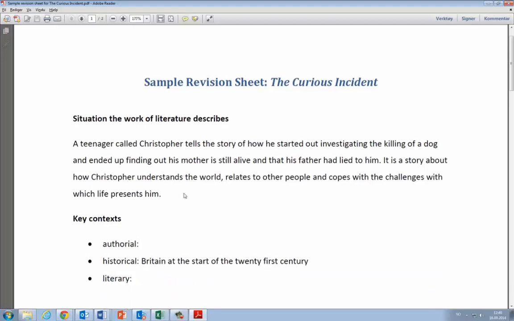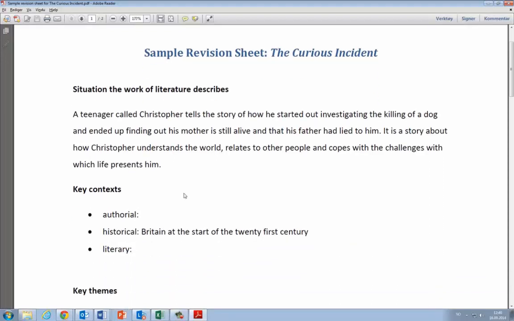Now the next section is called Key Context. Now this is a case where in the curious incident this isn't all that important, but some of the texts we'll be talking about do belong to important context. Some texts have very important historical context, whether it's the First World War, for example, or the Second World War.